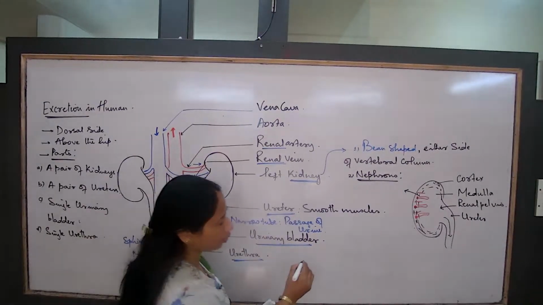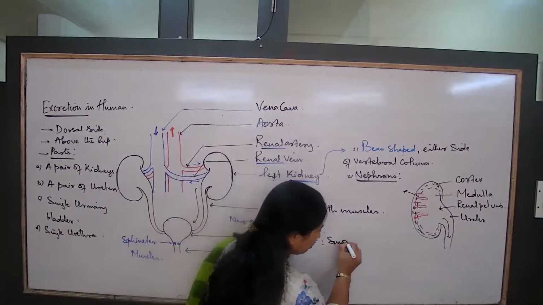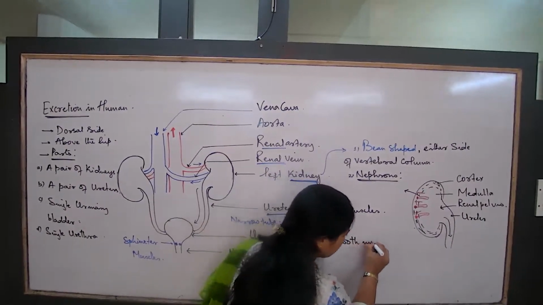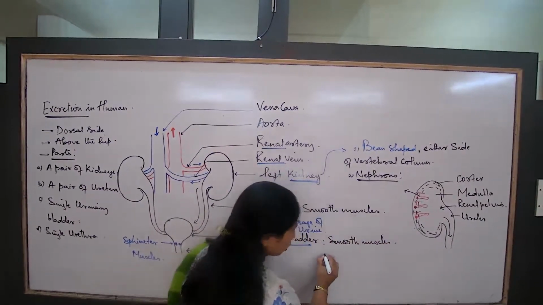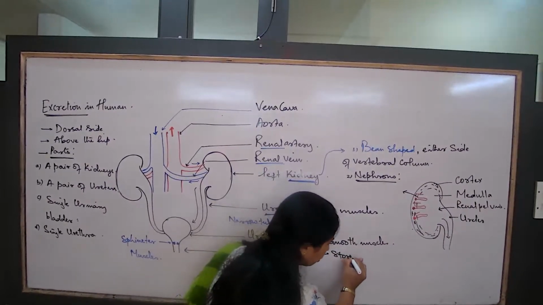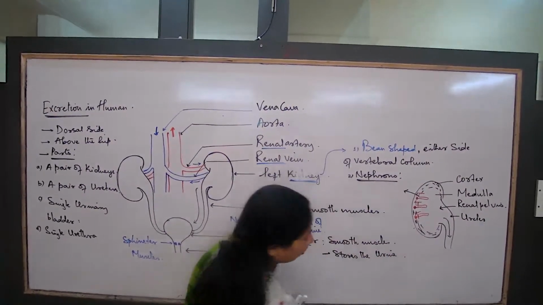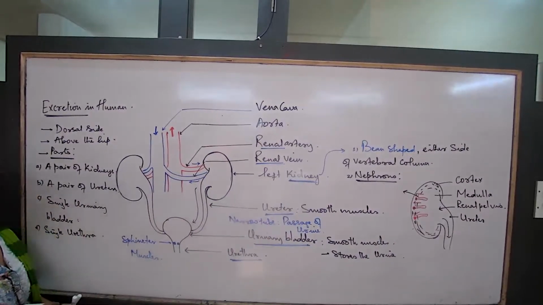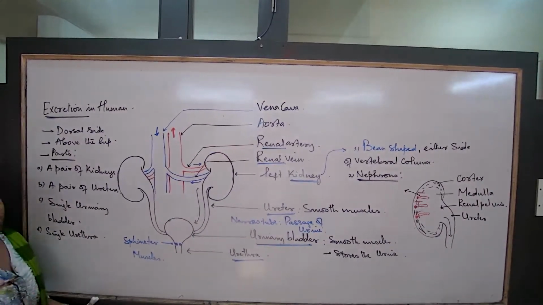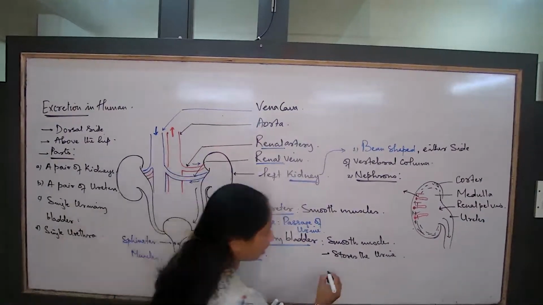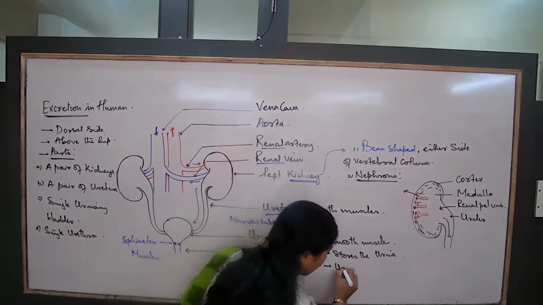When I talk about it, the urinary bladder is also made up of smooth muscles. What is its function? It stores the urine for a particular period of time, and under nervous impulse, only under nervous impulse, the sphincter muscles will contract.